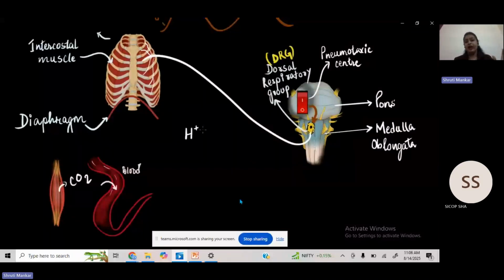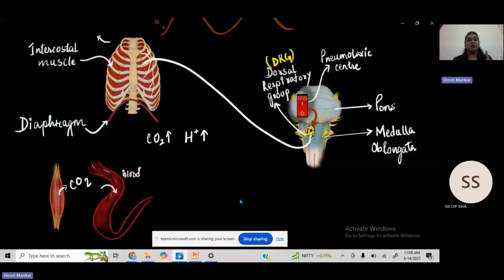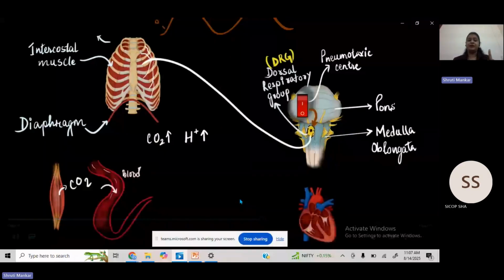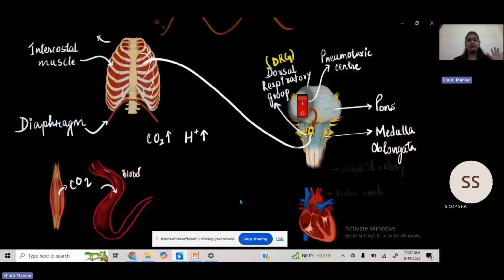First, the carbon dioxide quantity in the blood has increased, and secondly, the H plus ions have also increased. We know that the concentration of H plus ions is responsible for maintaining the pH of the blood. So now two things have happened here. Firstly, carbon dioxide levels are increased and there is a pH imbalance also. Okay, this is the imbalance that has happened.